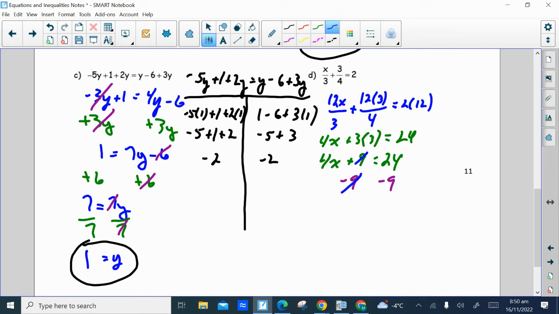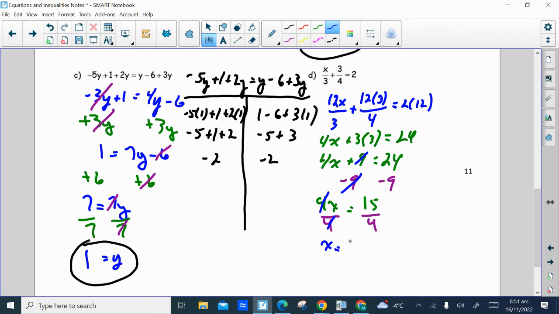So 9 minus 9 cancels, and we have 4x on the left equaling 24 take away 9, which is 15. And to get the x by itself, we would divide both sides by 4.